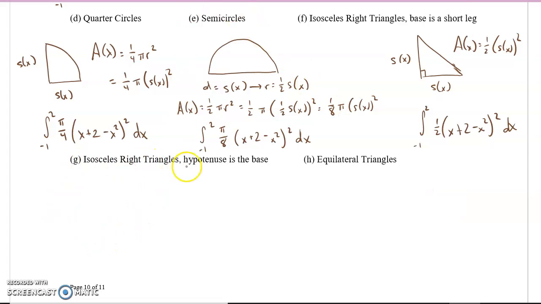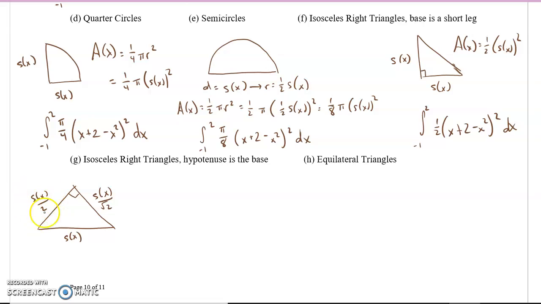Isosceles right triangle again. This time the hypotenuse is the base. So we've got something like this where the right angle is here, and this is s of x. So if you remember your special right triangles, in order to find the legs, you have to divide by the square root of 2. So this is s of x divided by root 2, and this is s of x divided by root 2.